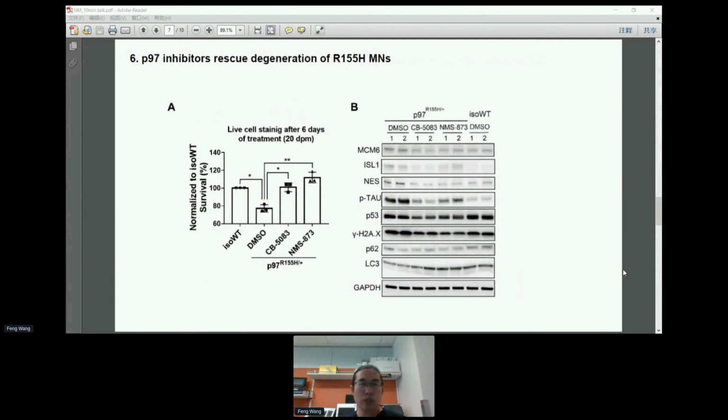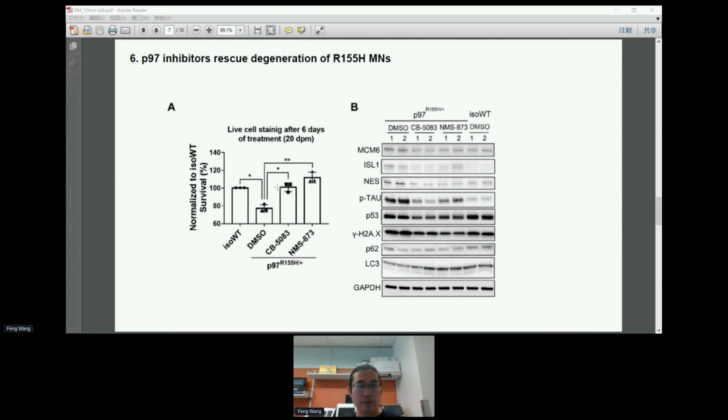And then we wanted to screen for potential treatment. The first thing we tried is to use an inhibitor to treat the disease neurons. And we tried different concentrations. And here is a good concentration after we repeated: CB503 is around 300 nanomolar.